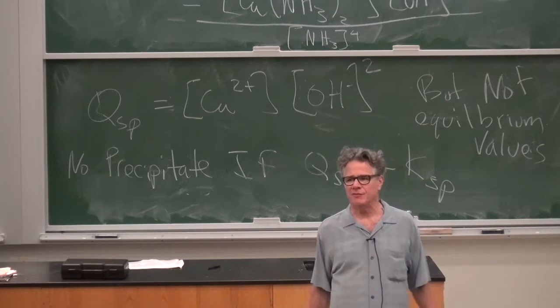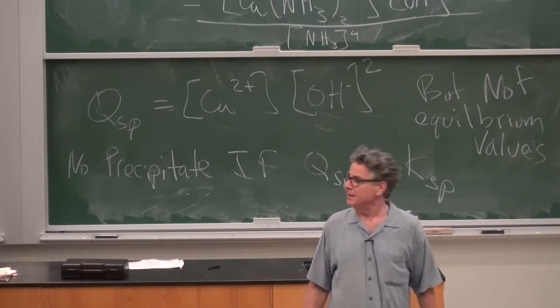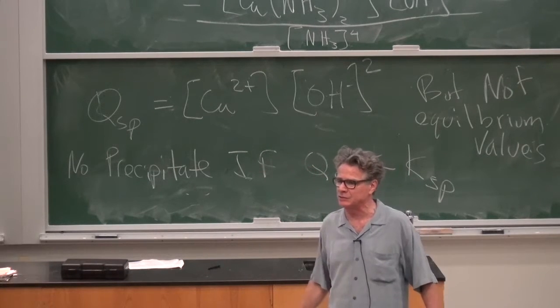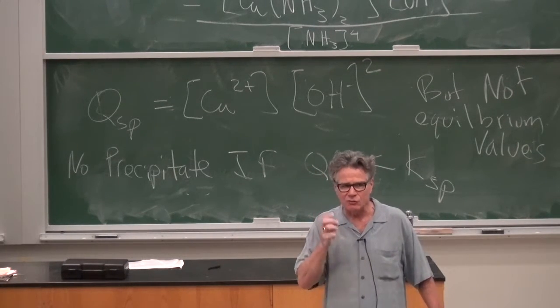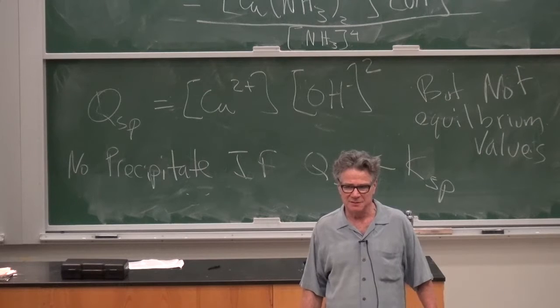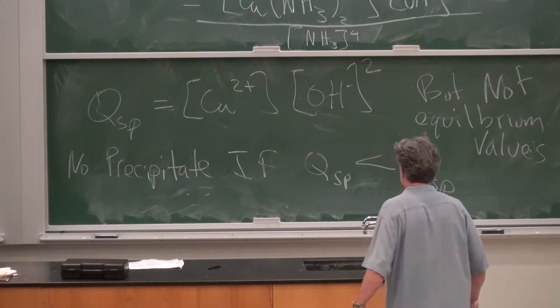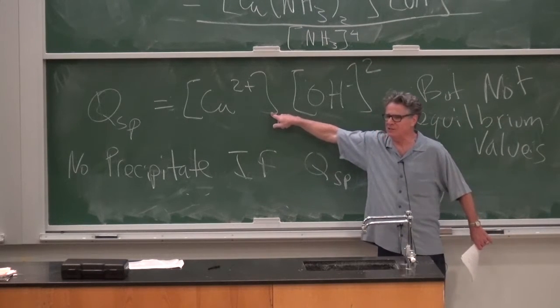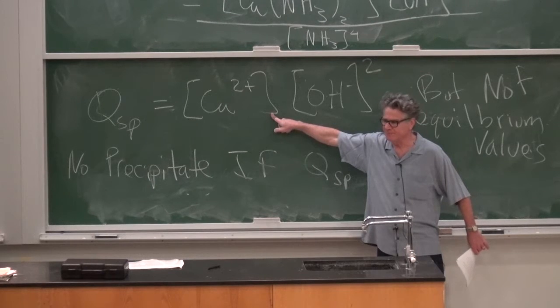It lowers the free concentration of copper. It ties the copper up as that copper tetramine complex, and there's very little free copper left. So by adding the ligand, you decrease this. That makes QSP small.